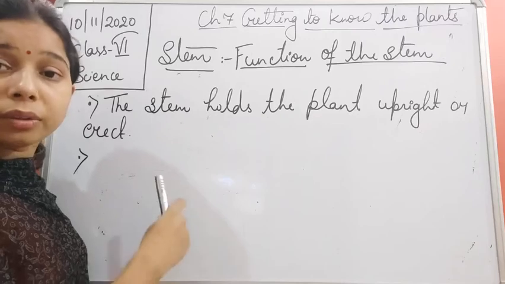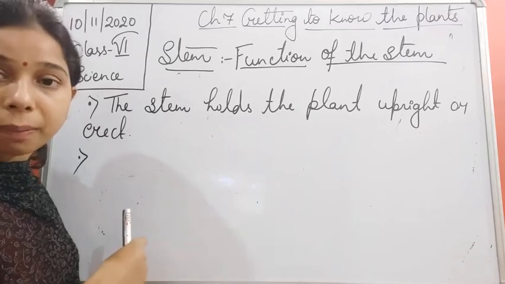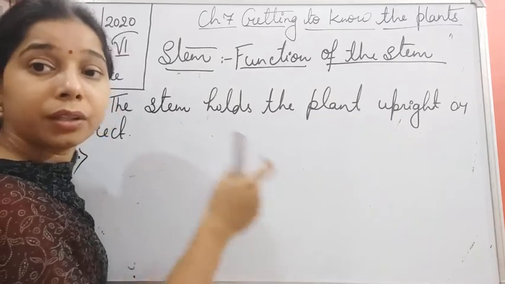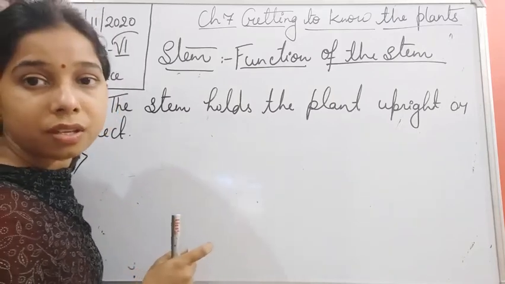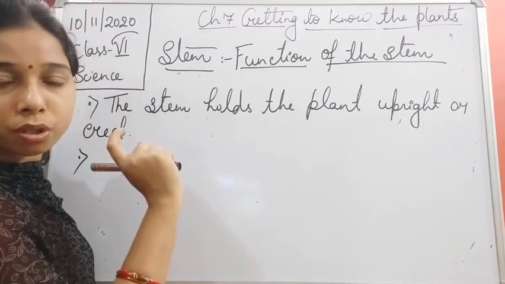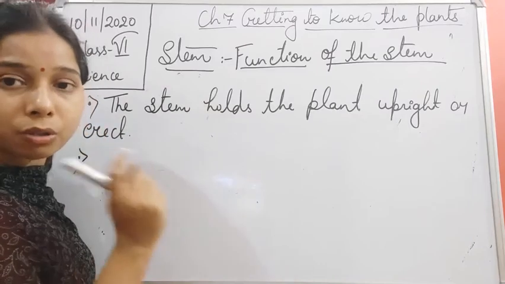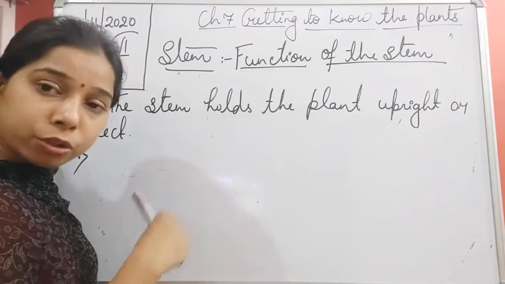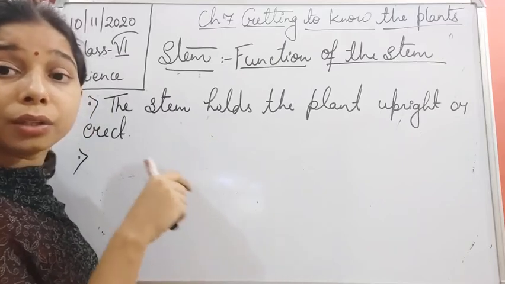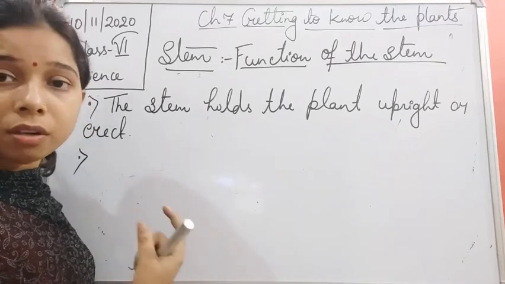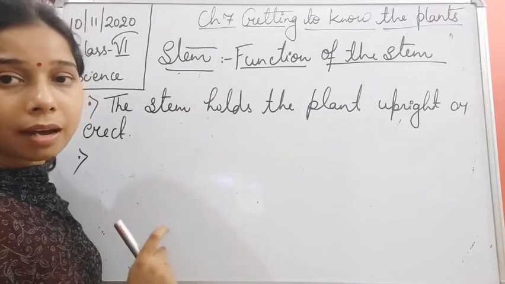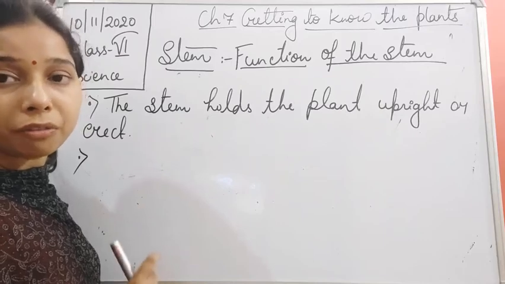Who is going to carry the food to the different parts of the plant? This is the stem only. So the stem carries the food from the leaves to the root and to the shoot portion also, that is, to the other parts of the plant. So first of all, it carries water and minerals from the root to the leaves, and then it carries the food to the different parts of the plant.